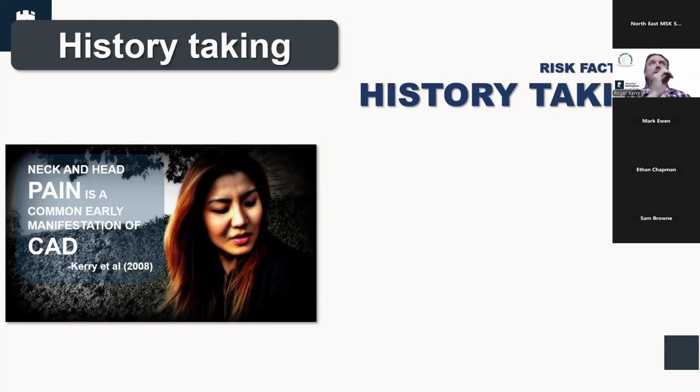What I mean is, if you have stroke of cervical origin, i.e., carotid or vertebral origin, as opposed to coronary artery origin, you've got around an 80% chance of having neck or head pain as an early sign of that stroke.